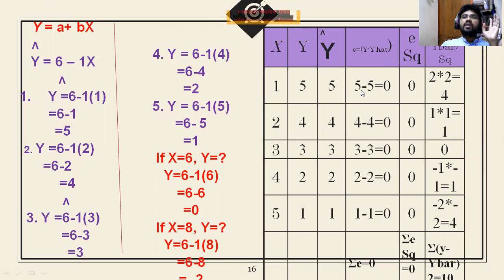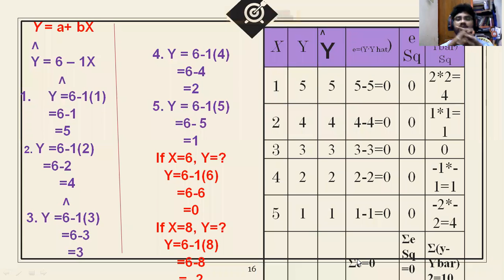You can write that in your notes. See here, the y value is this much, the y cap value is this much. 5 minus 5, 0. 4 minus 4, 0. 3 minus 3, 0. 2 minus 2, 0. 1 minus 1, 0. When the sum of errors is 0, you are called a good estimator. Simple.